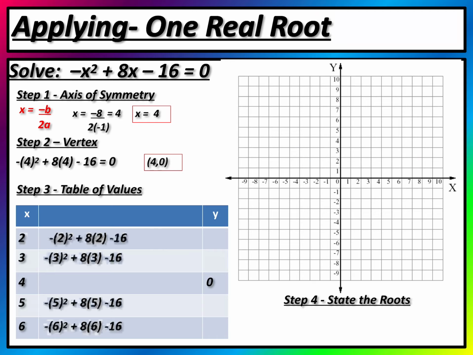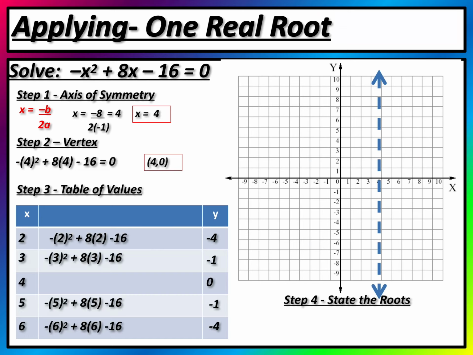That -1 coefficient on the quadratic term stays outside the parentheses, and we do order of operations. So we're going to do 2 squared first and then multiply by -1. Very important, because otherwise you're not going to get the correct y values and you won't see that pattern. Make sure you're evaluating all 4 of those additional points.